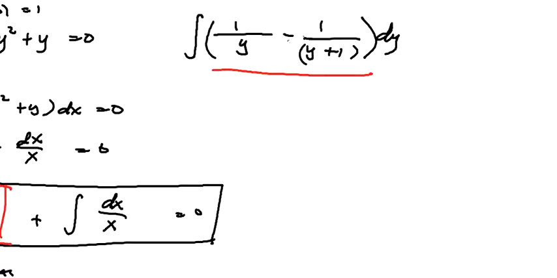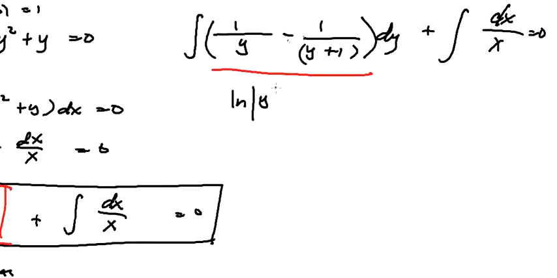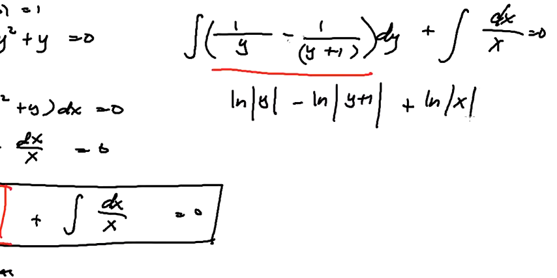Then do not forget that we also have another part here, which is the integral of dx/x. By getting the integral of these terms, we have the integral of 1/y, which is ln|y|, minus the integral of this, ln|y + 1|, plus the integral of this, ln|x|.